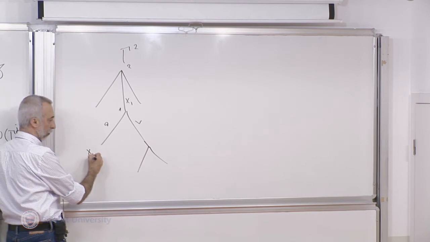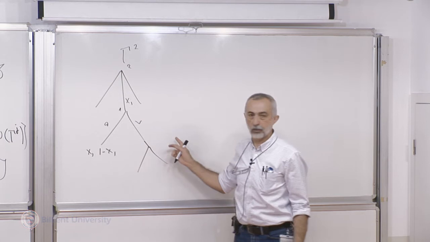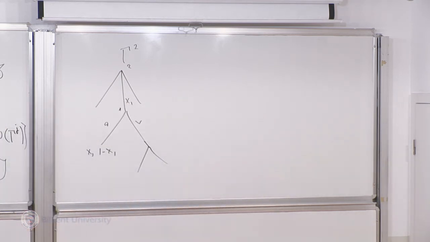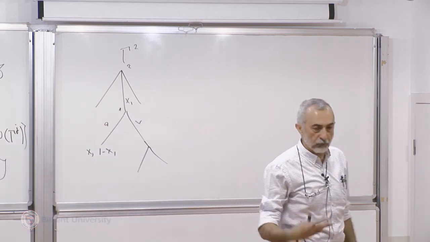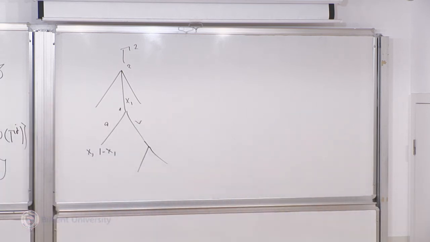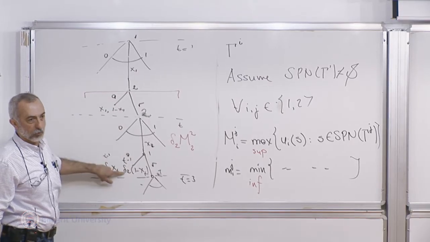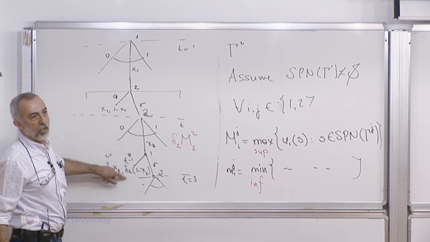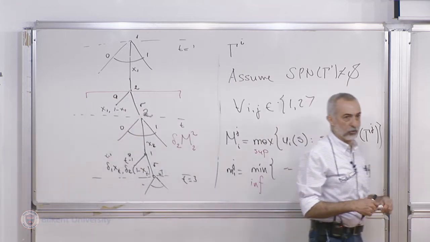x1, 1 minus x1. Well, gamma 2, when I say this game is isomorphic, is equivalent to this game up to the renaming, they have the same preferences. But the numerical representations that we use here and here are different. So to make the comparison, I have to have the same numerical representation. So how do I get the same numerical representation?